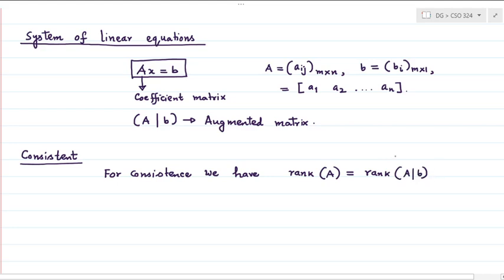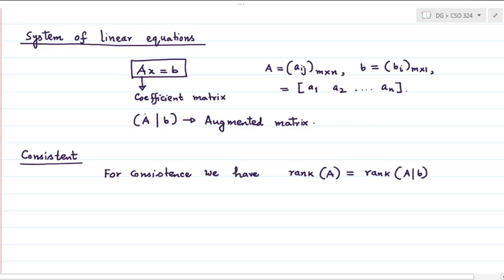Otherwise, if the ranks of the coefficient matrix and the augmented matrix are different, then the system is inconsistent. There does not exist any x which satisfies Ax equals b, which satisfies all the constraints, all the equations of this system. Fine.